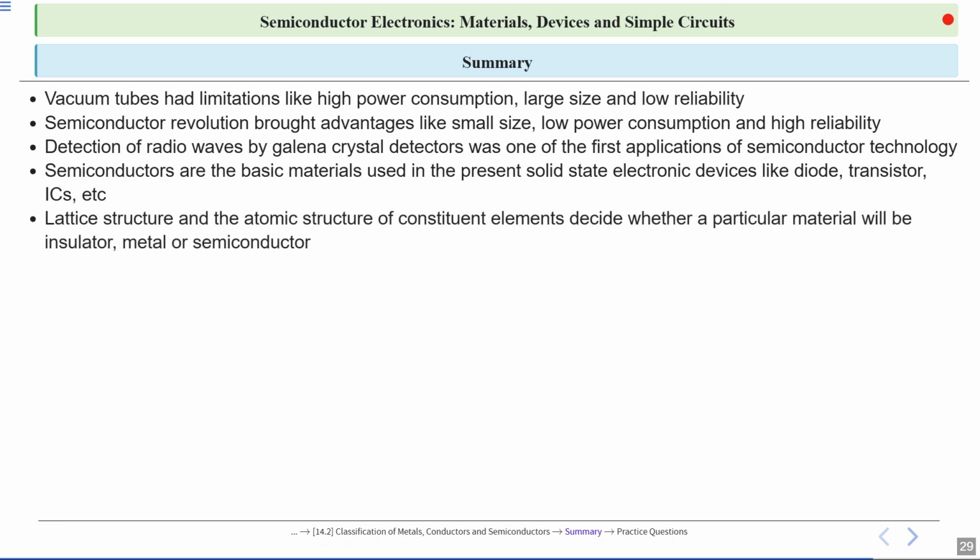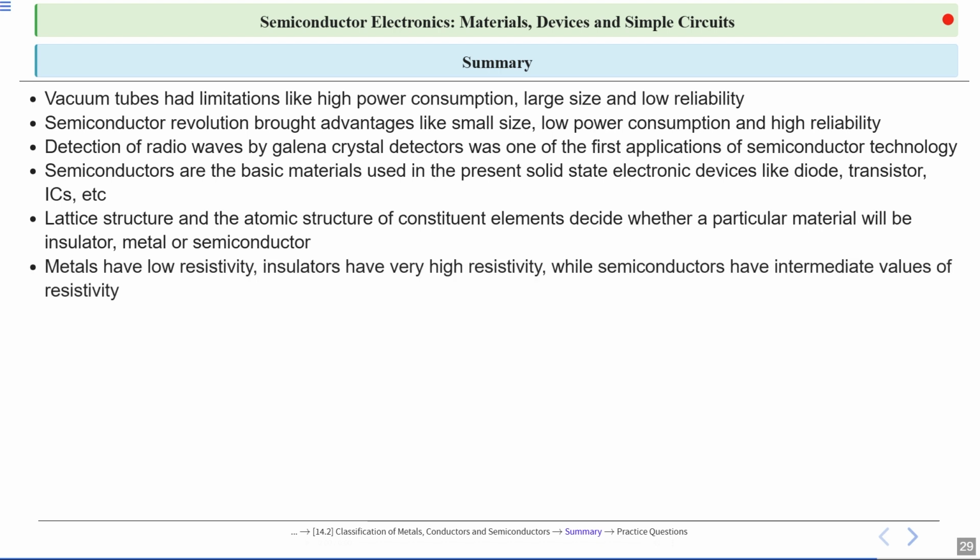Lattice structure and the atomic structure of the constituent elements decide whether a particular material will be an insulator, metal, or semiconductor. Metals have low resistivity, insulators have very high resistivity, and semiconductors have intermediate values of resistivity.